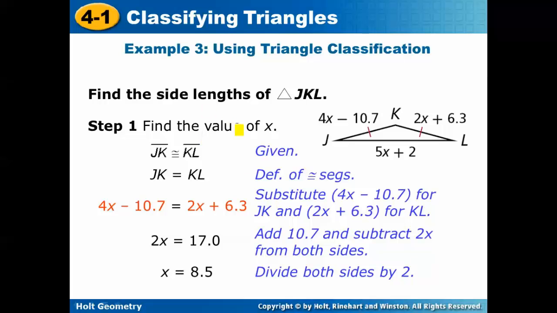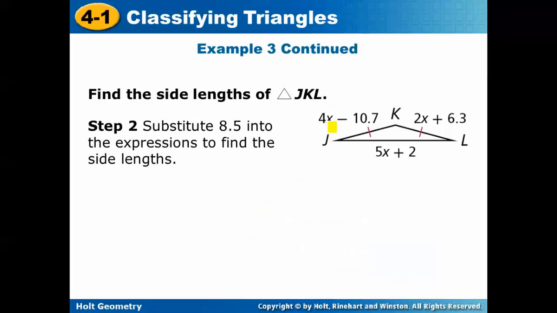So we're finding the value of x, which is our first step, but now we have to substitute that back in for each of the side measurements to get the side lengths. So 4x minus 10.7, we're going to substitute 8.5 in and solve, and we get 23.3 for our measurement of JK.